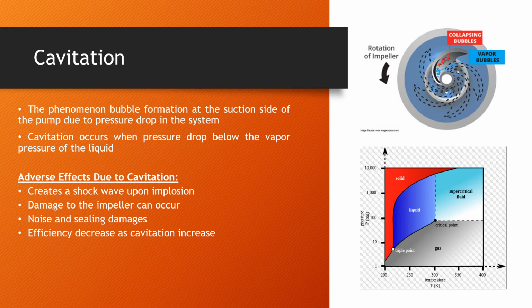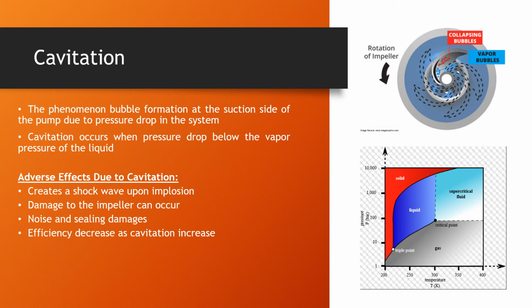So the vapor pressure is the point where, when your pressure drops below that at your pump operating temperature, you start seeing bubble formation. You start seeing your fluid evaporate in the pipe.